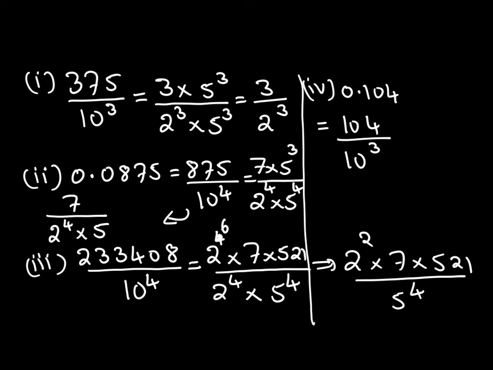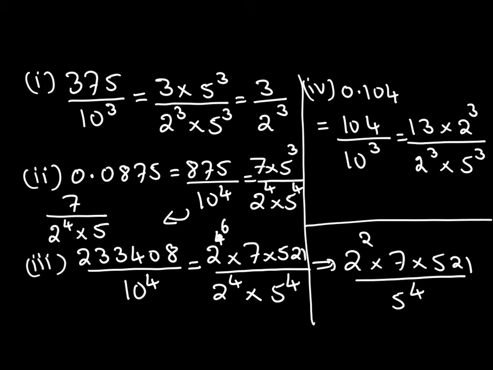Now coming to the fourth example, 104 divided by 10 to the power 3. The prime factors of 104 are 13 times 2 to the power 3. And 10 to the power 3 is 2 to the power 3 times 5 to the power 3. Cancelling out the common factors, you will end up with 13 divided by 5 to the power 3.